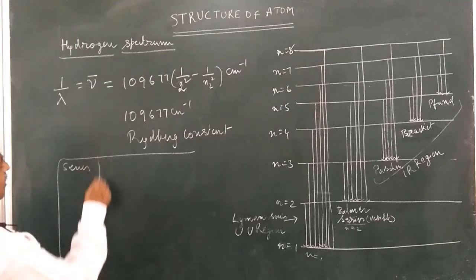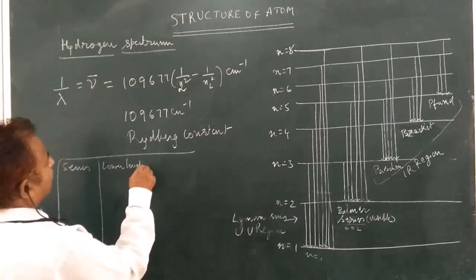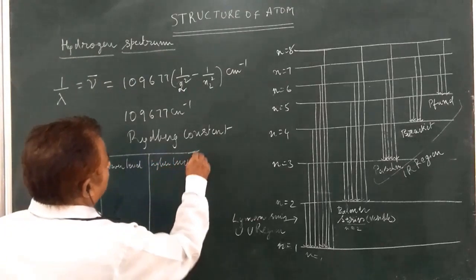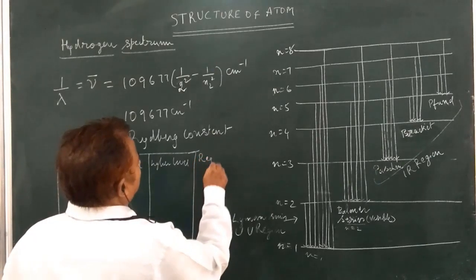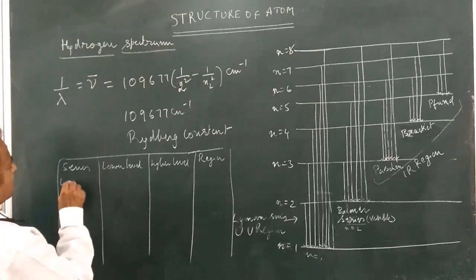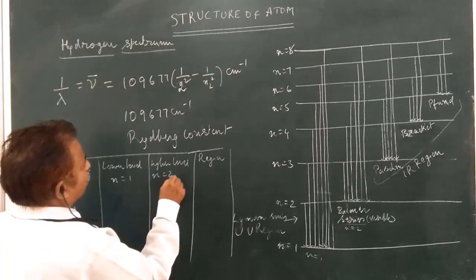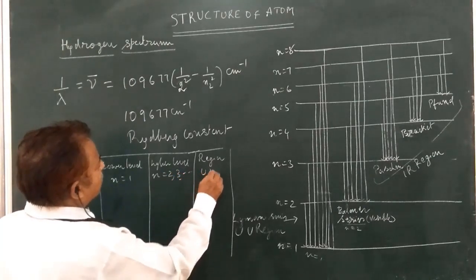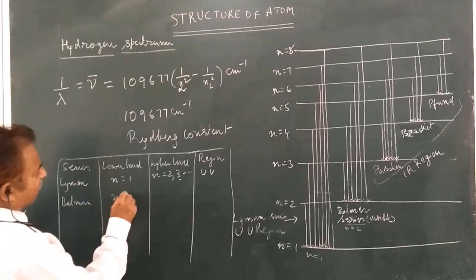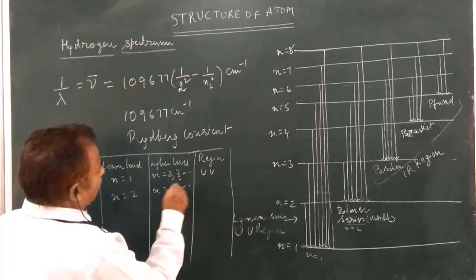Series, lower level, higher level, and in which region we get it. So Lyman series, n equal to 1, higher level n equal to 2, 3 and so on. This is the UV region. Balmer series, n equal to 2, here the higher level is n equal to 3, 4 and so on.